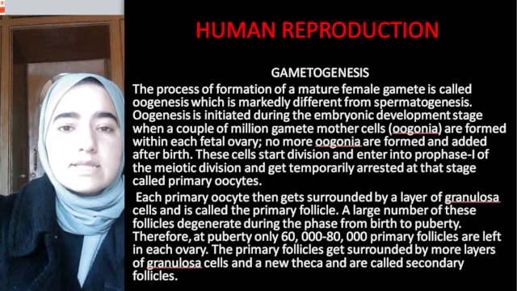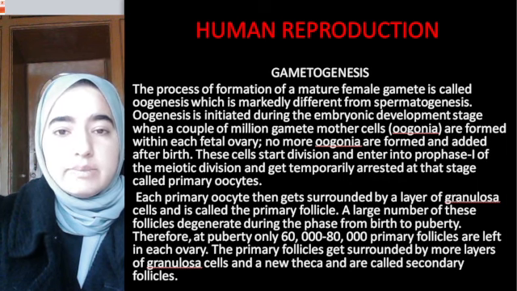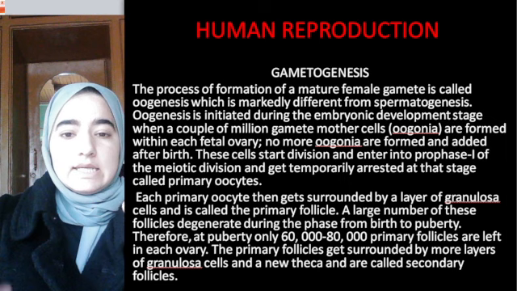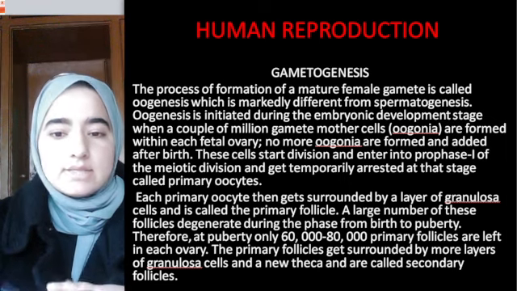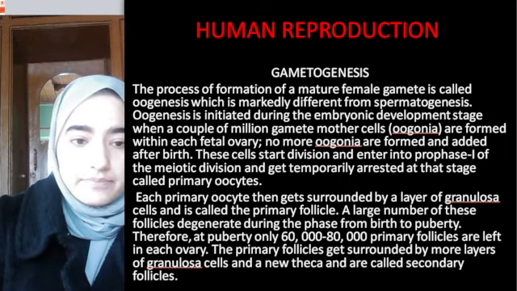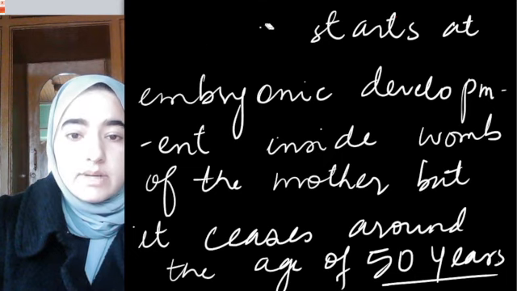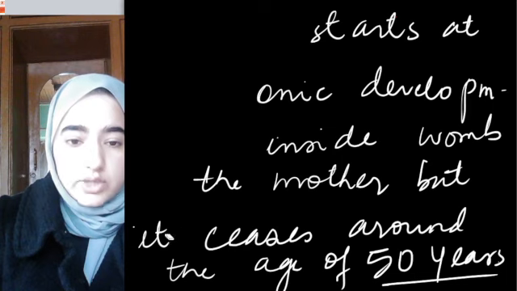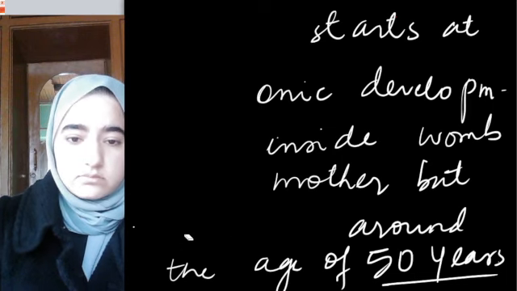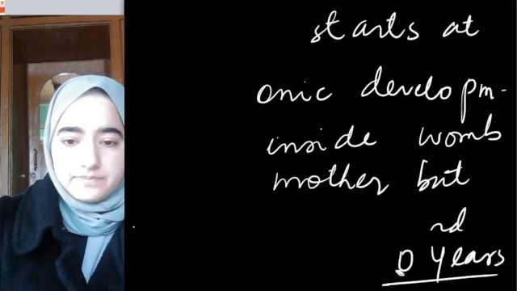What happens basically during embryonic development of the baby girl? A couple of million gamete mother cells, which are known as oogonia, are formed. In males, the male germ cells were known as spermatogonia. Here they are known as oogonia. Please mark the difference.